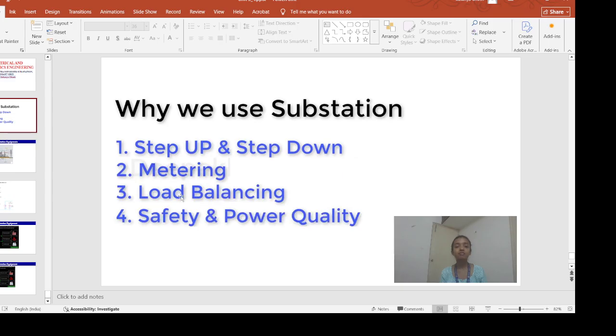What is the third function of the substation? It is called load balancing. Suppose in the power station, 1000 watt electricity is getting generated. Among that 1000 watt, let's say 750 watt is going to the city, and let's say 200 watt is going to the village.